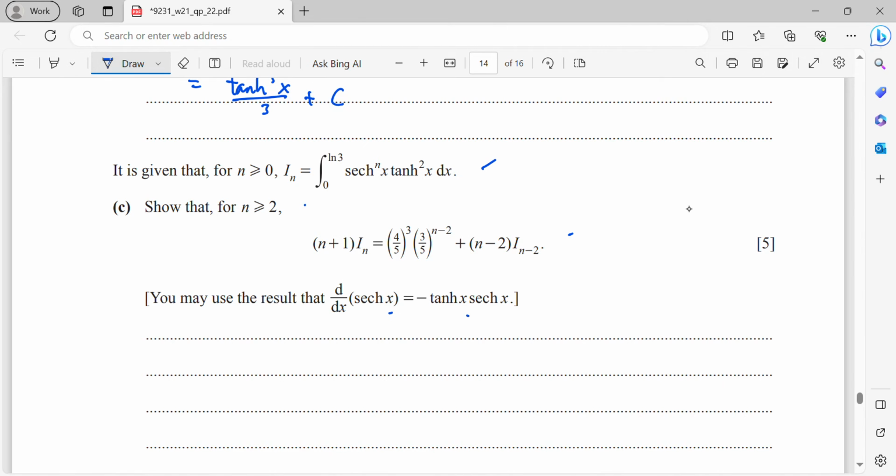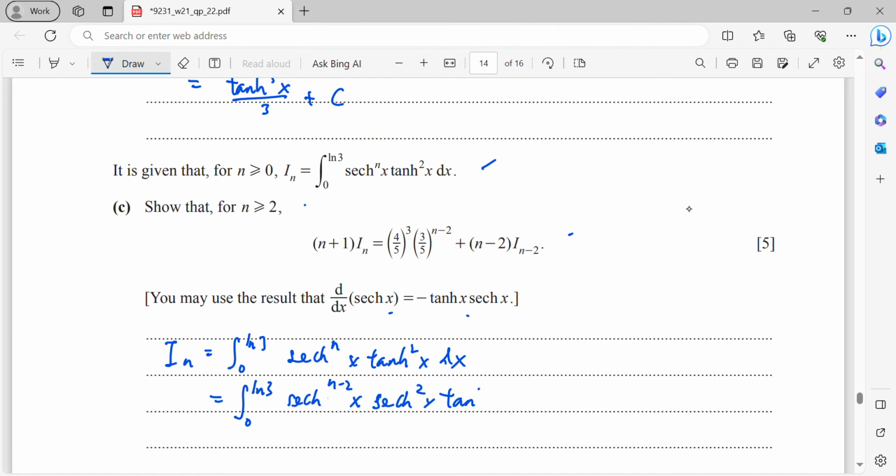So now your I_n is the integral from 0 to ln 3 of hyperbolic secant^n x tangent squared x dx. This can be changed into this form, because I want to use the previous result, so I need to introduce a hyperbolic secant squared x.